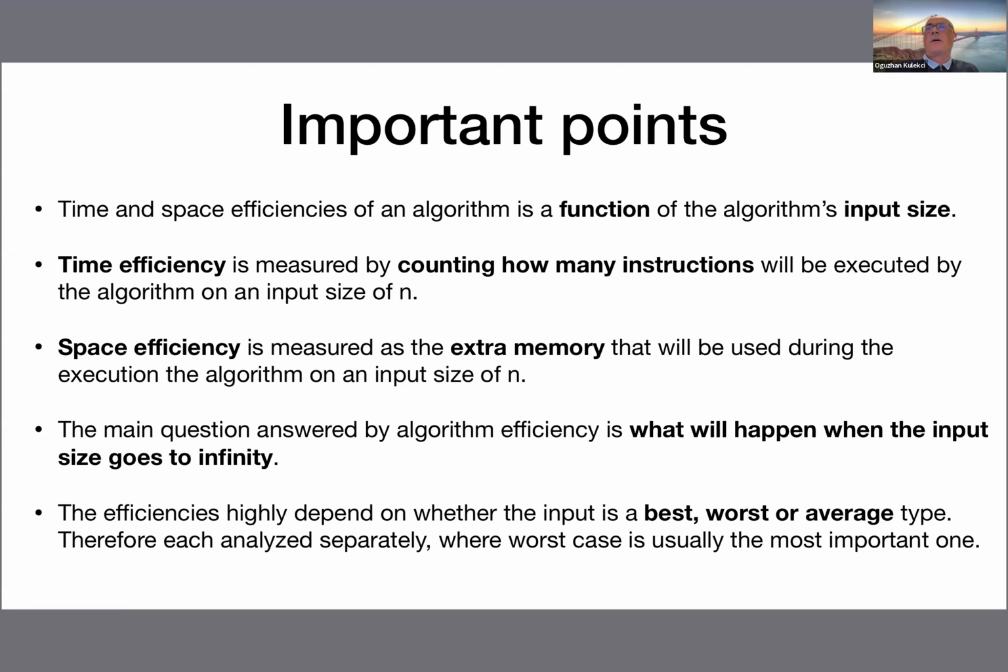For instance, let's say you would like to compute the greatest common divisor between two numbers. These are just integers. Then how will you decide on the order of growth of such an algorithm? You are curious about what will happen if I would like to compute the greatest common divisor between very large numbers.